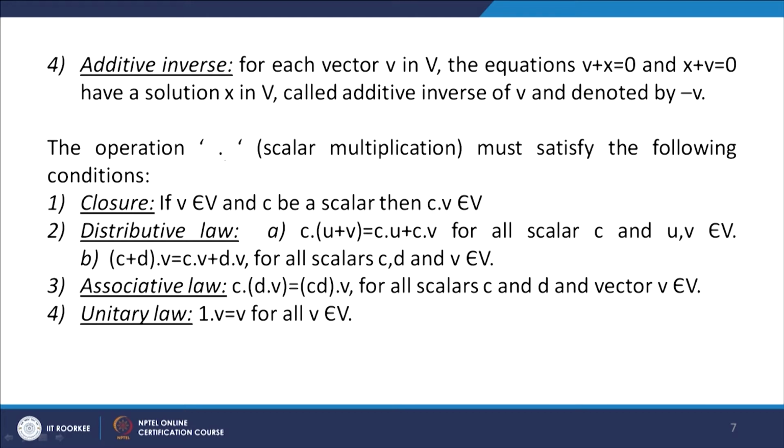With respect to the scalar multiplication operation, the following conditions must hold. Closure, if v is an element of V and c is a scalar, then c times v belongs to V.